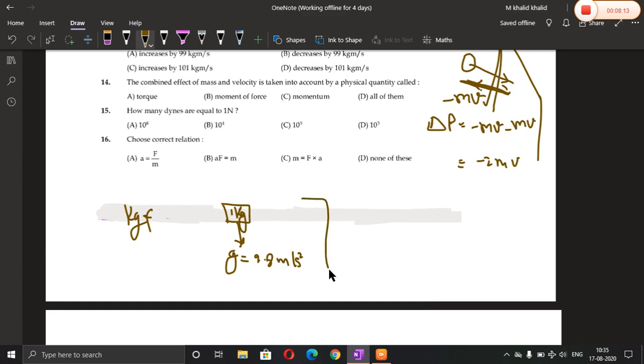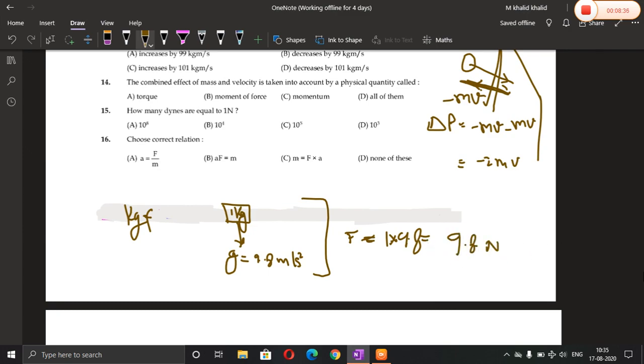Then we say that 1 kilogram force or 1 kilogram weight of force is acting. In Newton terms, the force is 1 into 9.8, or simply 9.8 Newton.